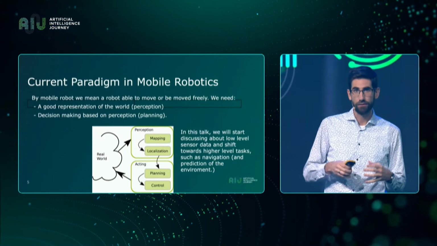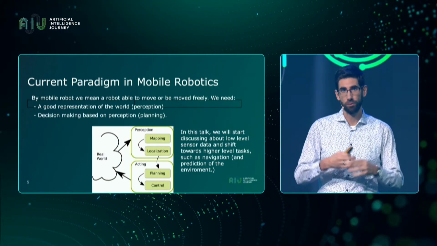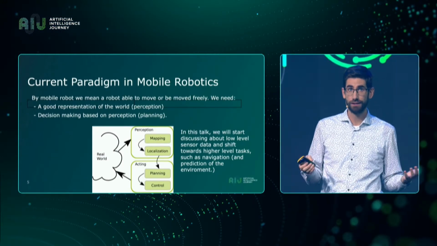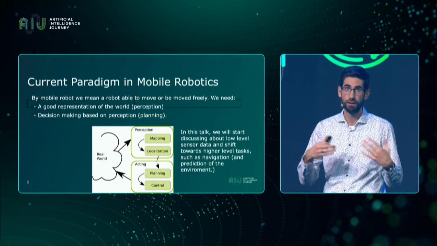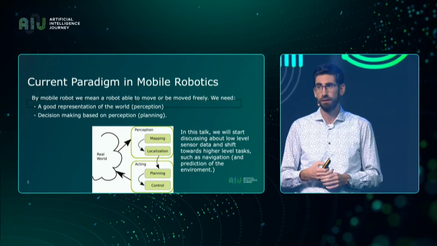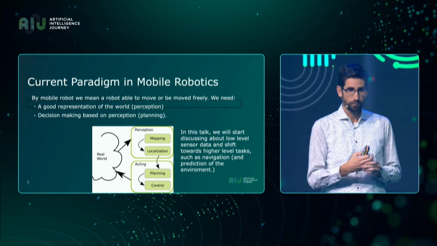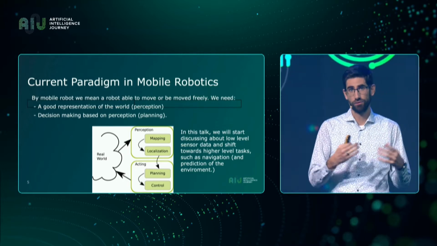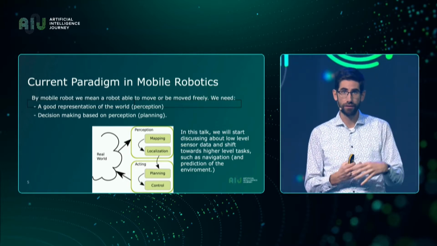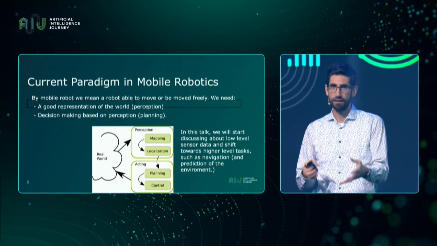And then we have a second important component, that is decision-making or acting. Here we could be including planning, we could be taking control. And again, this is the current paradigm. There's a lot of research that is trying to mix the two together, getting deeper into one part, into the other, right? There's many alternatives, but let's say that just to have a canonical definition, it's going to be this one.